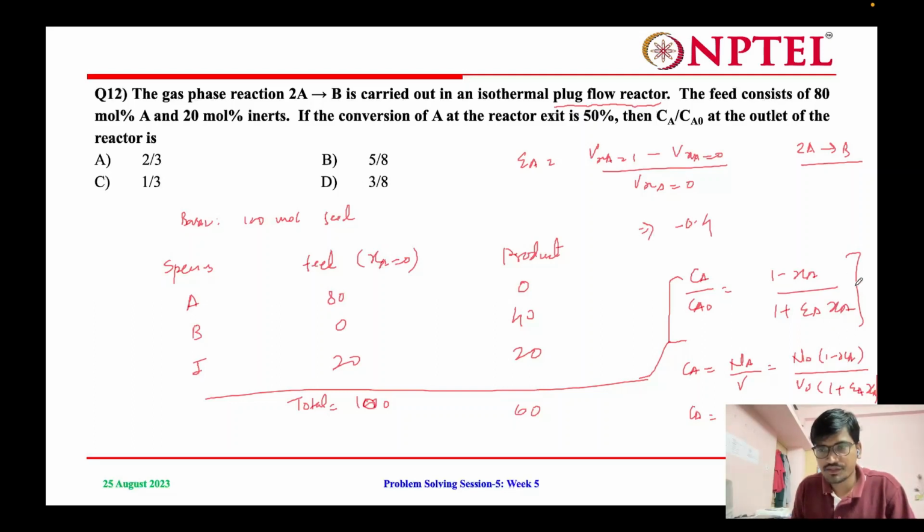Put the values in these equations and you will get 5 by 8. So C_A by C_A0 equals 5 by 8, and option B is correct.